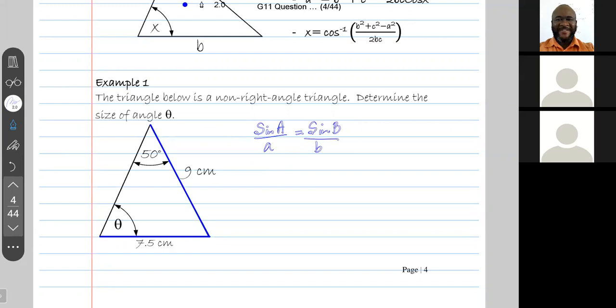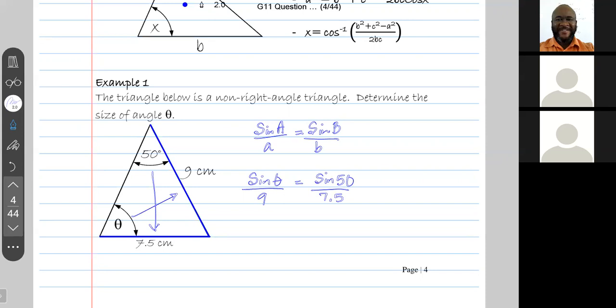That's sine rule. So I want to find theta, so I'm going to start by saying sine theta. The side that is in front of the angle theta is 9. So it's sine theta over 9 is equal to sine 50. And the side that is in front of 50 is 7.5. So this is over 7.5.